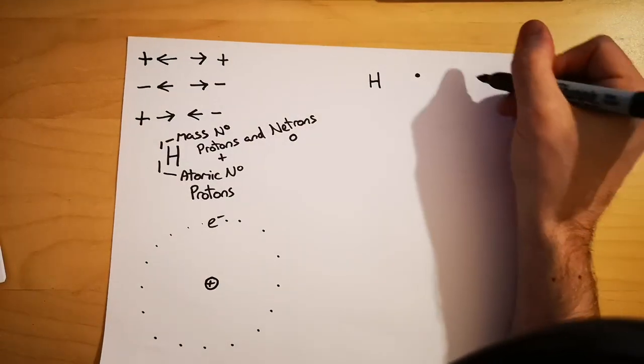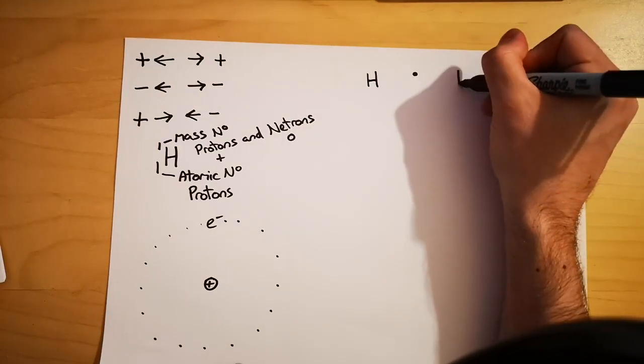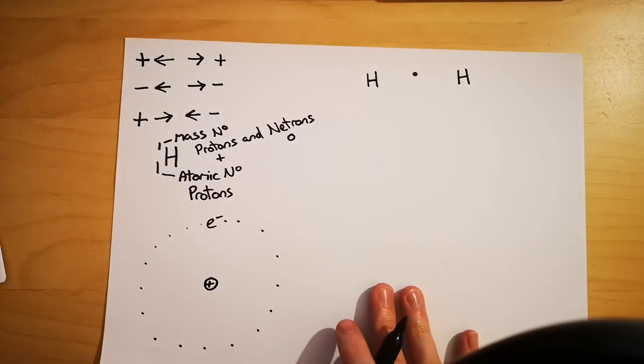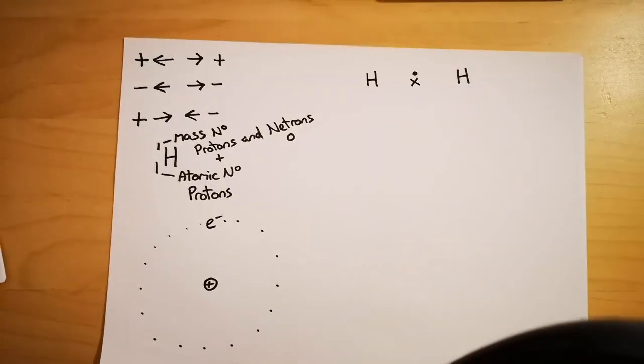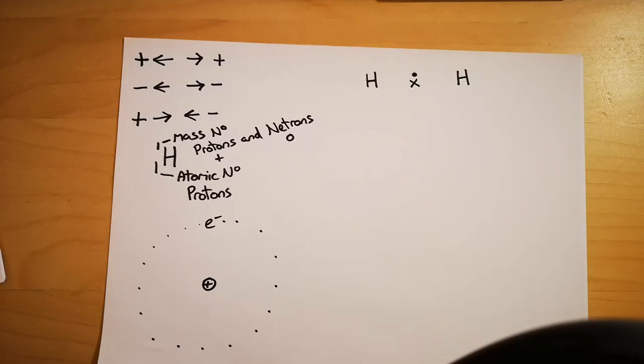Then we're going to have another hydrogen, hopefully about the same distance apart. They look about the right distance apart, and they are sharing their electrons. That forms a covalent bond, and that is more stable than having two hydrogen atoms on their own.